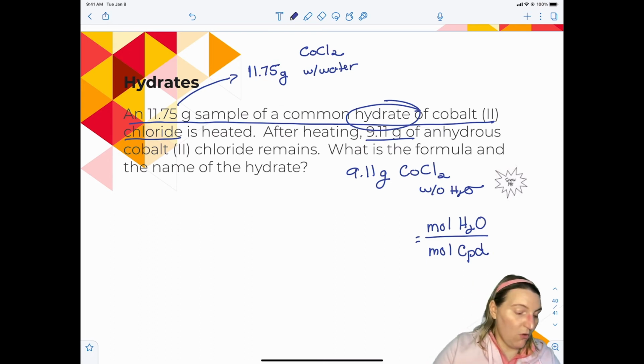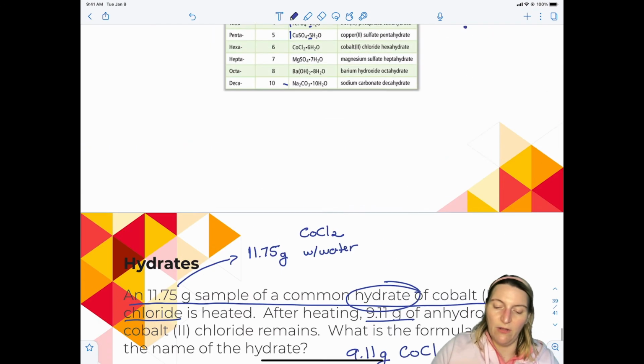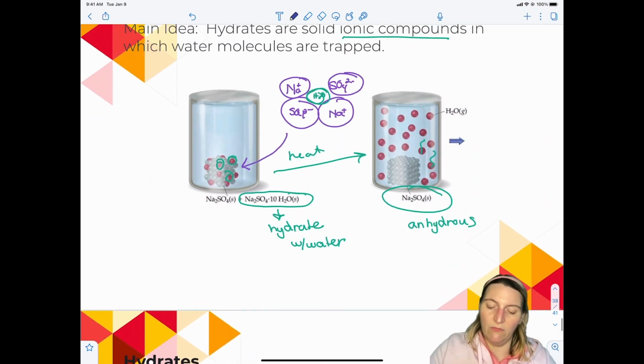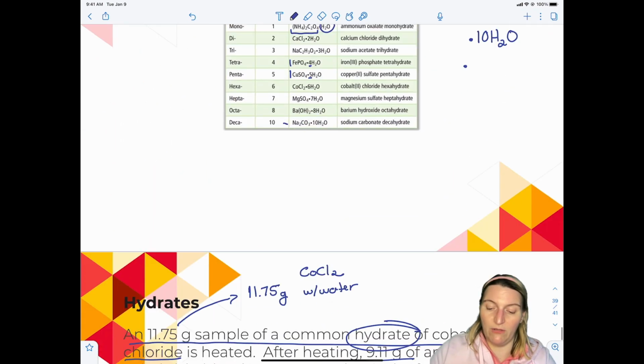But I always know that the mass of the hydrate will be equal to the mass of the anhydrous compound plus the mass of the water, right? If I go back to this, the mass of the hydrate would be equal to the mass of the compound plus the mass of the water. Think about, like, these are sealed containers, right? So the masses would be the same on both sides. It's just where are the water molecules.